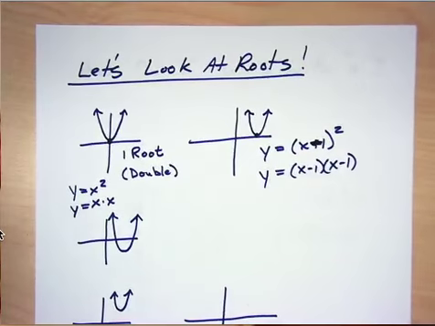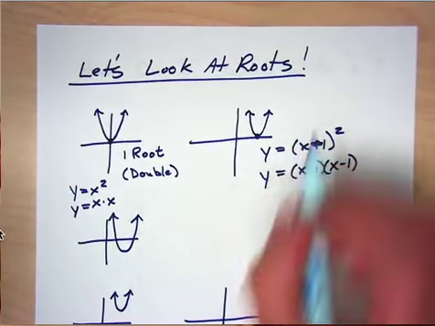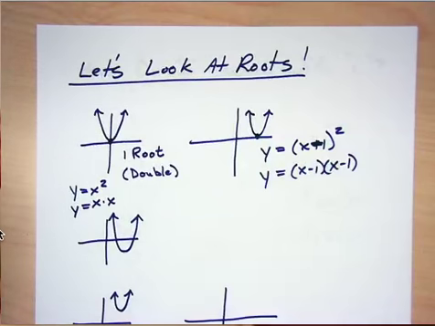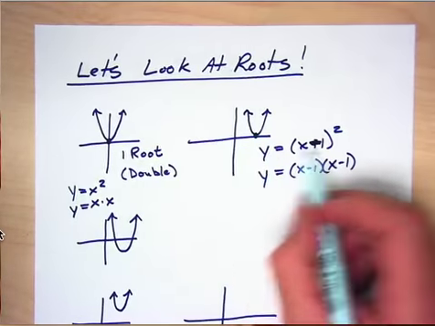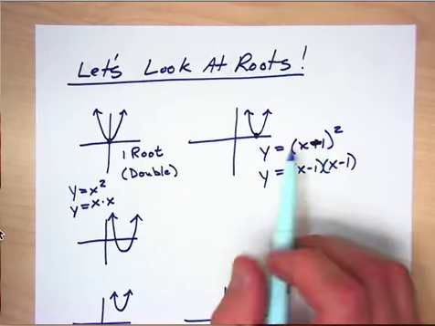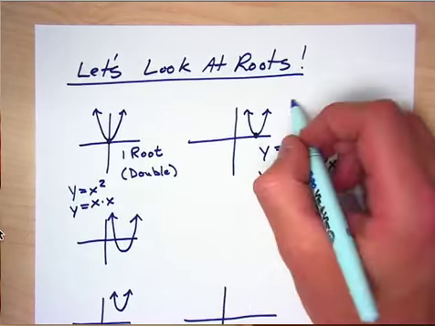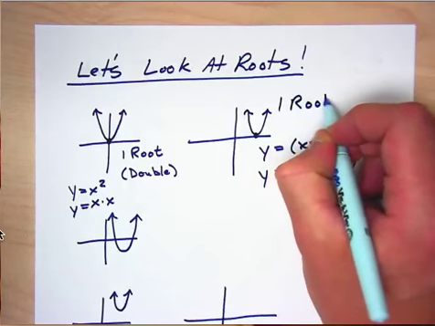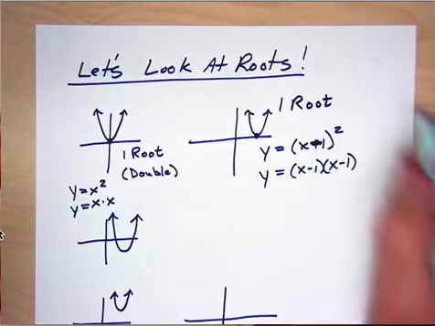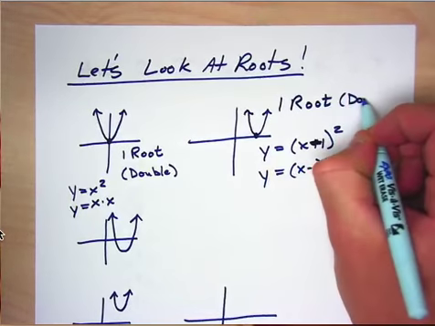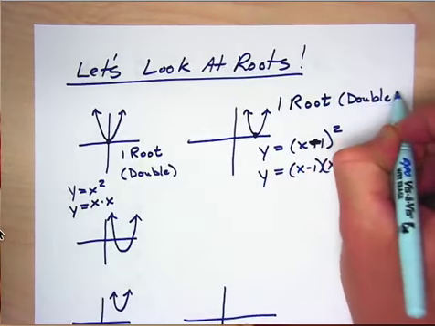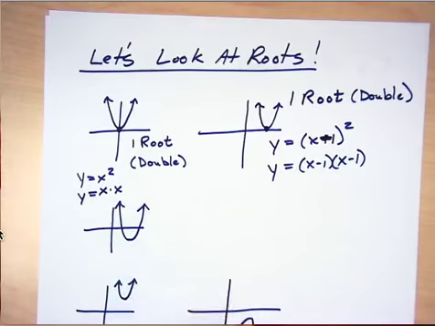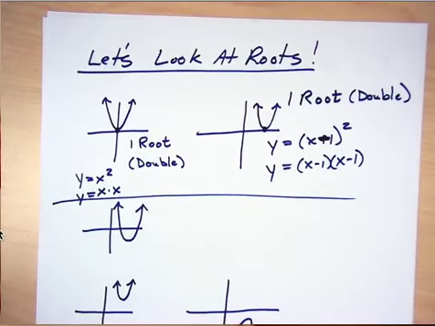When we say this is one root, a value that makes the equation equal 0, the only number you can put in this equation that makes it equal 0 is the number 1. So we say that it has one root, and we would then be more critical and say that it is a double root. Okay? Now, moving on, that's one example of a type of graph that has one root, but we have a special name for them. They're called double roots.